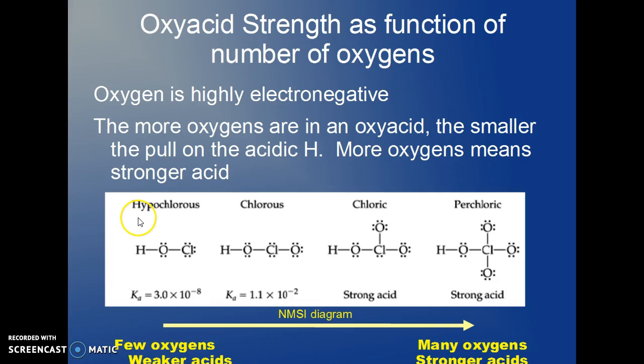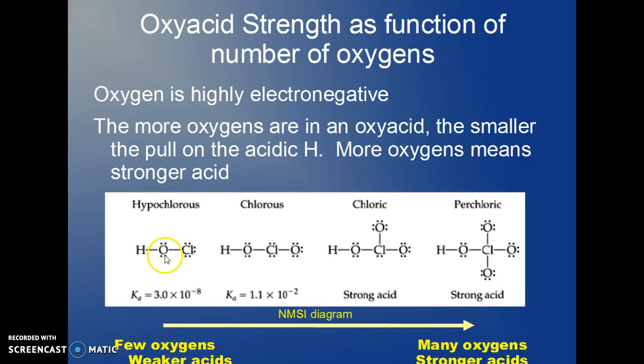So we have a very good series here in hypochlorous, chlorous, chloric, and perchloric acid, whereas you can see going from left to right, we have Ka's here. This is a very low Ka. This is kind of mid-range Ka. Chloric is a fairly strong acid, and perchloric is one of the big 6 strong acids.